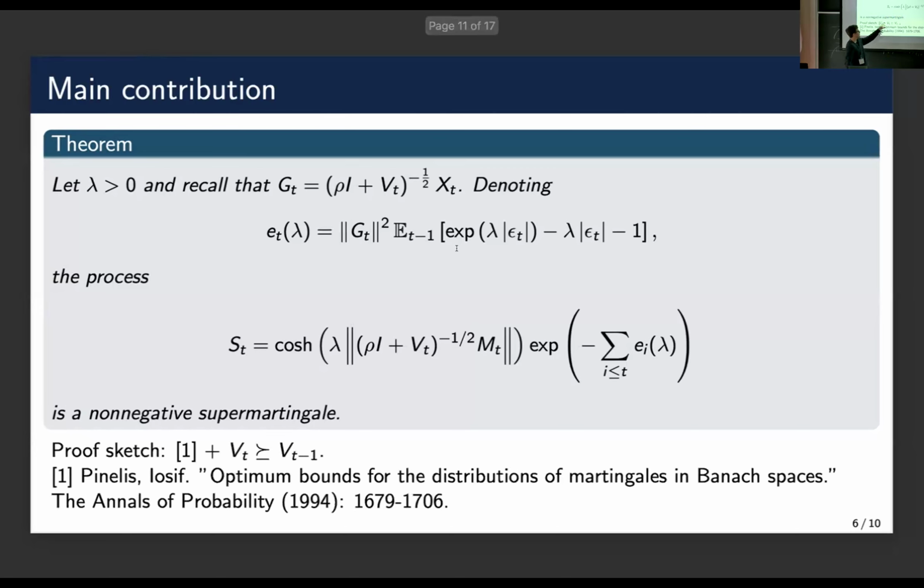The main reason why we have this hyperbolic cosine part is that one of the key parts of our proofs relies on the machinery introduced by Joseph Pinelis in 1994, when he gave inequalities for the distribution of martingales in smooth Banach spaces. And we couple these ideas with the fact that the covariance matrix is always expanding over time as opposed to contracting.